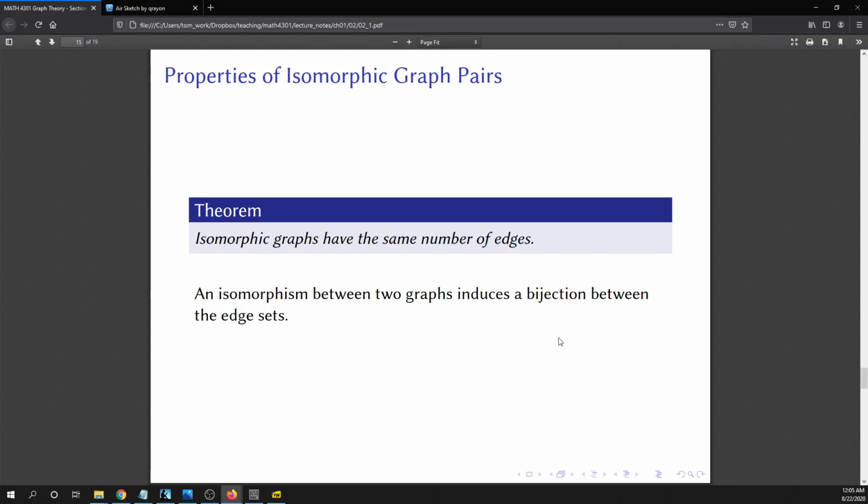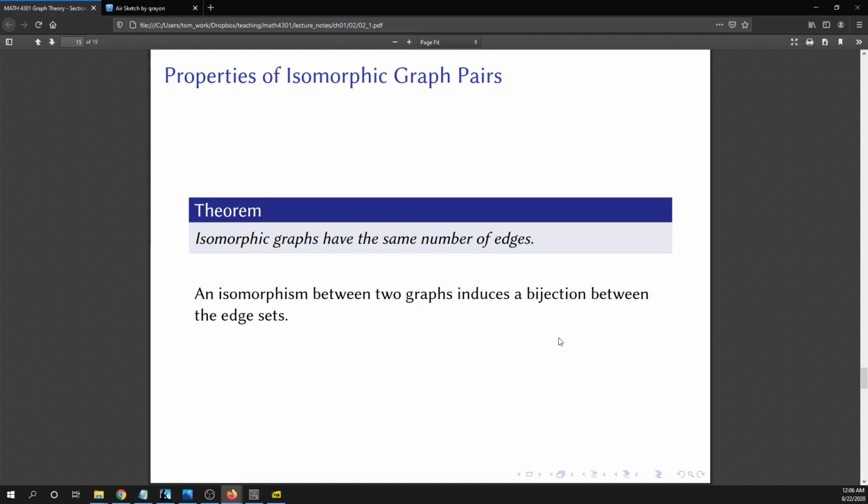All right, the next property is that isomorphic graphs have the same number of edges. And we saw that when we were running through that little process to see if a bijection between the vertex sets also gave us a bijection between the edges. If it does, then you had an isomorphism.